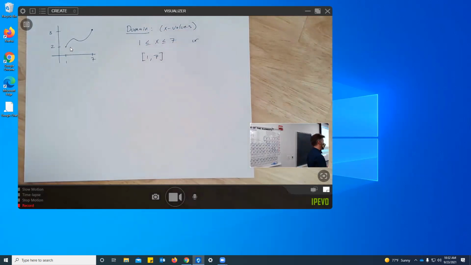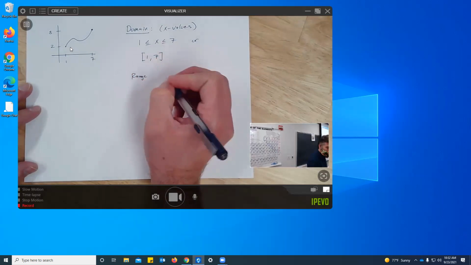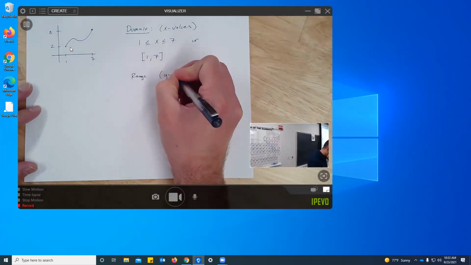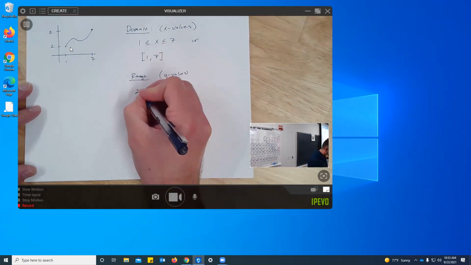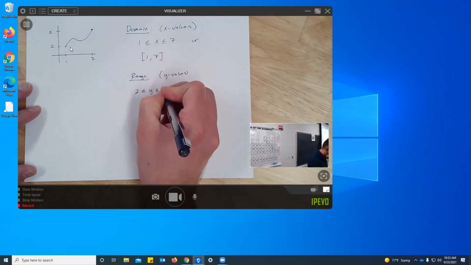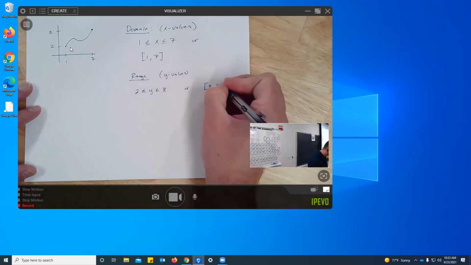The brackets indicate you're including an endpoint, parentheses indicate you're excluding an endpoint. The range here, which is the y values, is going to be everything between 2 and 8, or in interval notation, bracket 2 to 8 for the bracket.